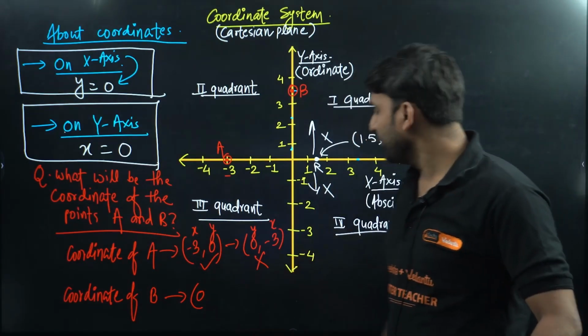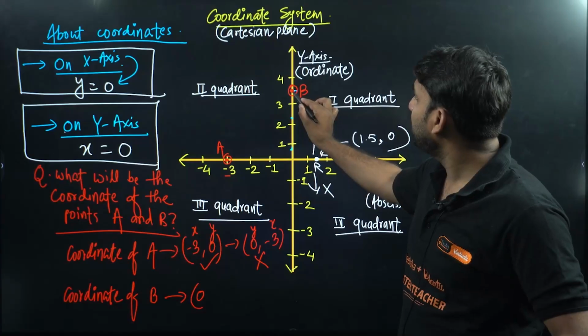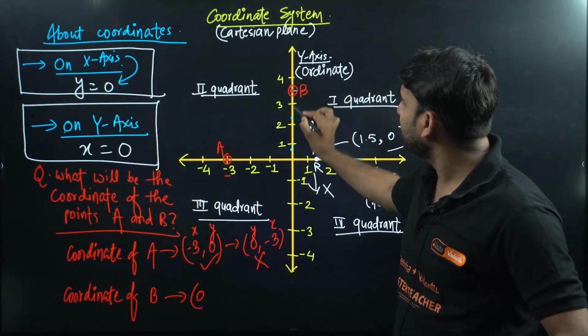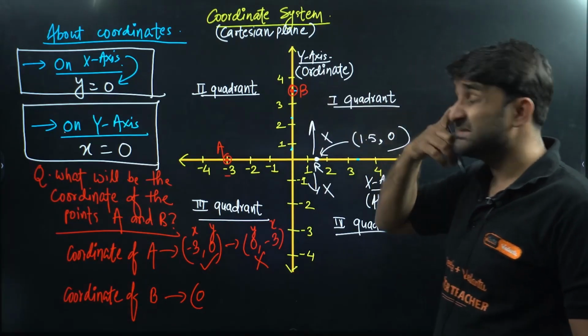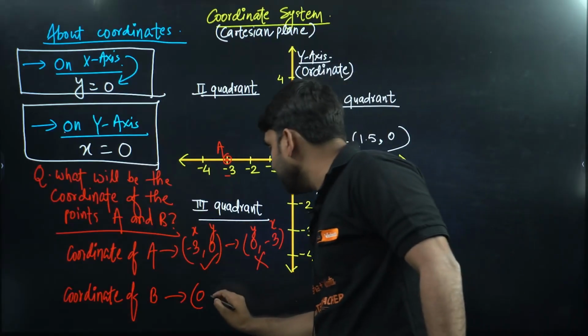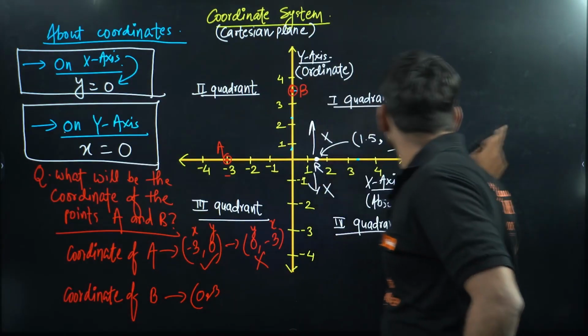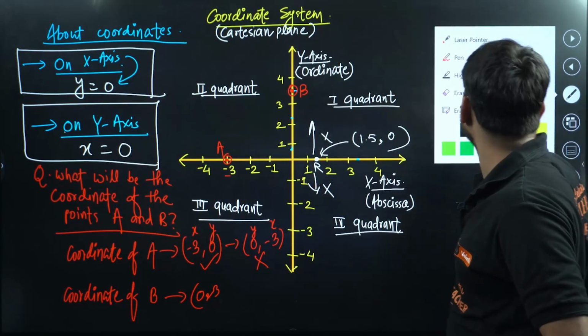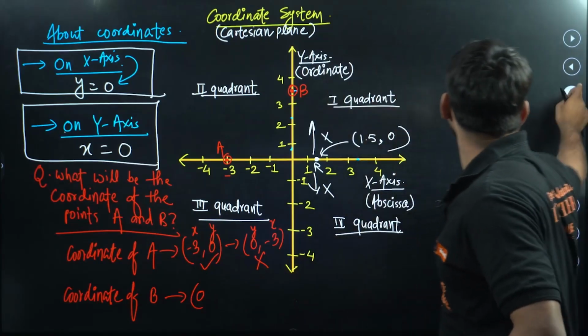So 0 is there, and the y coordinate is of course, the point B is exactly between 3 and 4, so that will be 3.5.